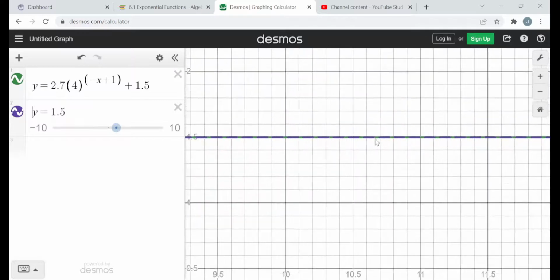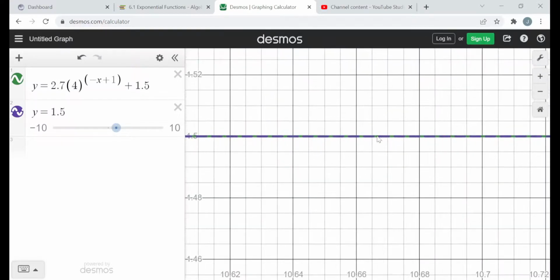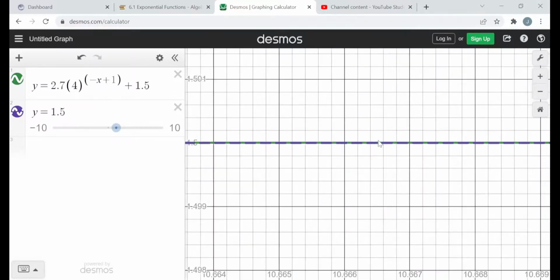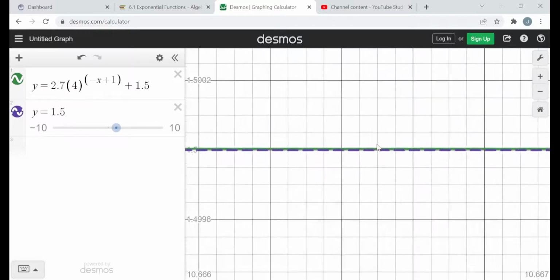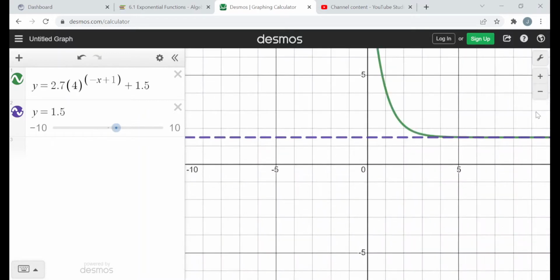It looks like it's touching it right now, but it actually isn't. It's all above. If you zoom in close enough, you'll eventually see the green graph doesn't actually touch the purple dashed line. I had to zoom in pretty far there, but y equals 1.5 is now the horizontal asymptote as opposed to the x-axis, y equals 0.